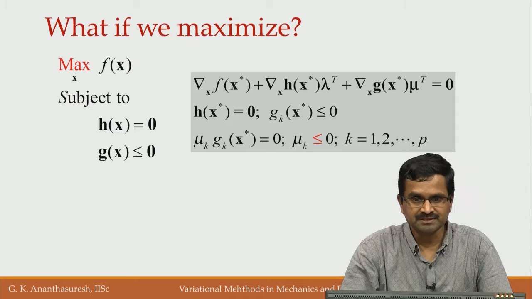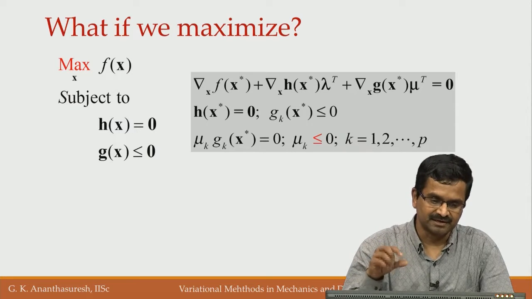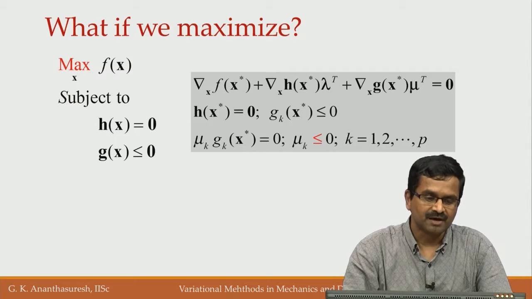Whereas, when you are maximizing, we want this change, gradient of f times delta x star, to be less than 0, that is negative, in order to have f of x star be the local maximum.